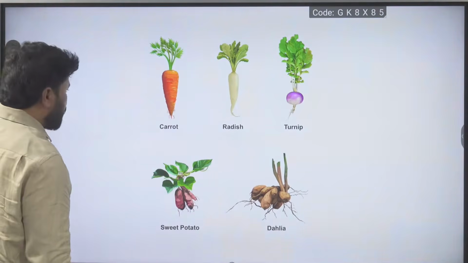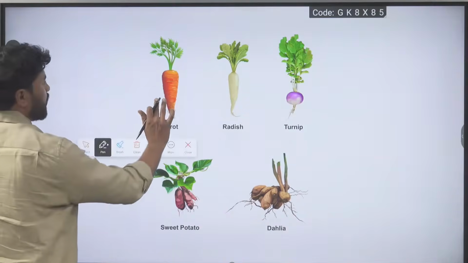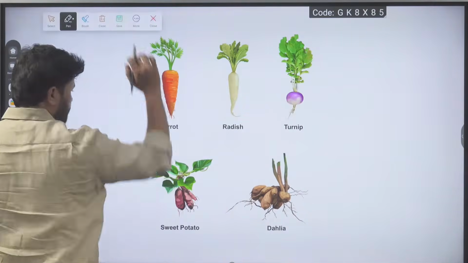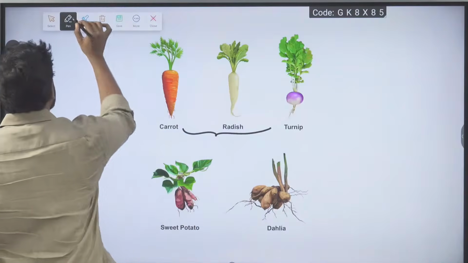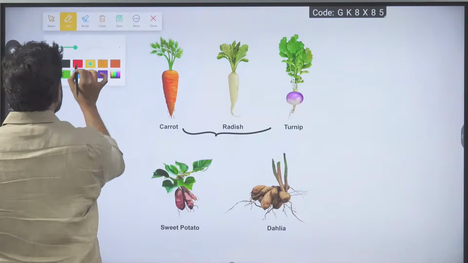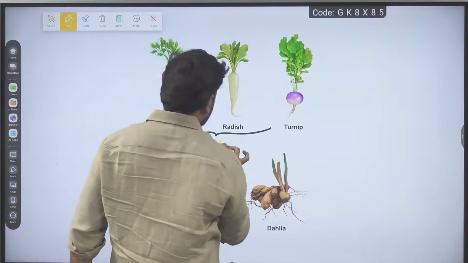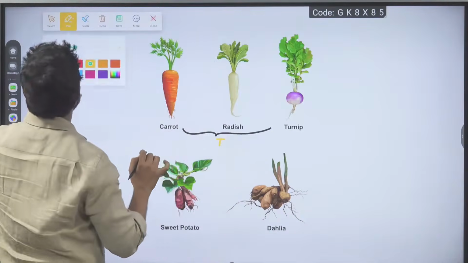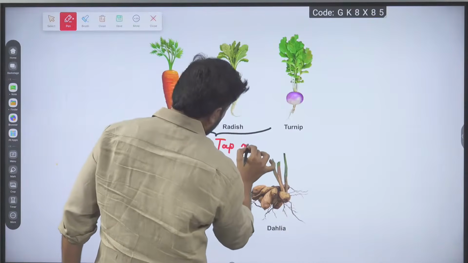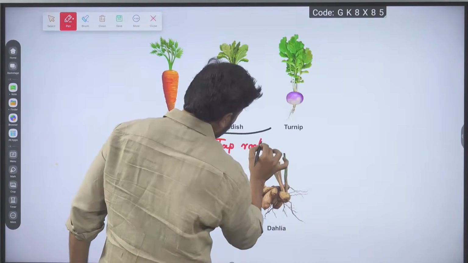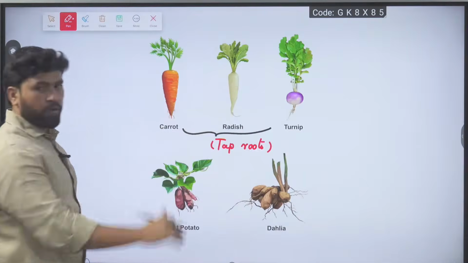In this storage form of root, they all are tap roots. These are all tap roots that are responsible for storage of food.